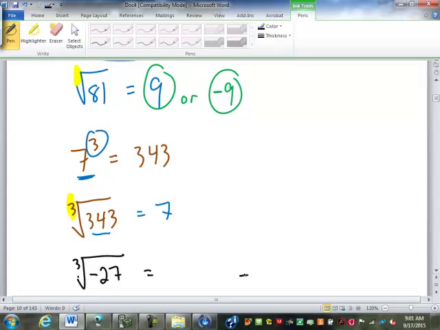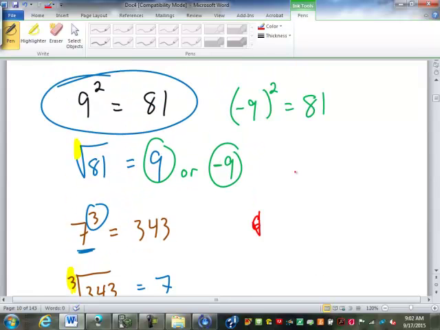That's asking me what number to the third power equals negative 27. Comes out to be negative 3. Negative 3 to the third power is negative 27. So we take the third root of negative 27 and we get negative 3. So if we go back to our square root up here, what would the square root of negative 16 be?